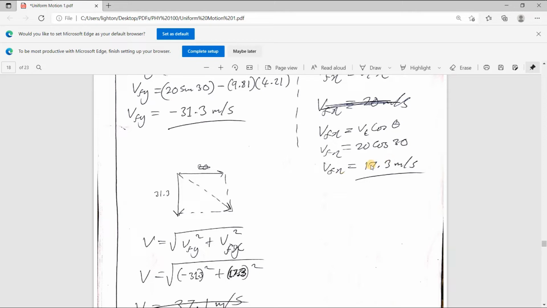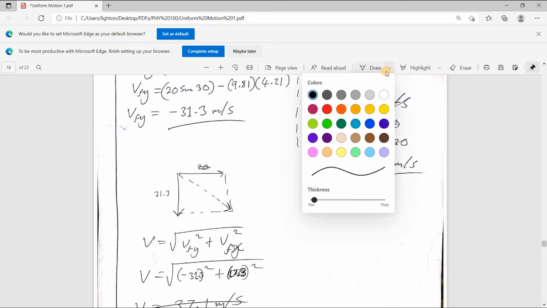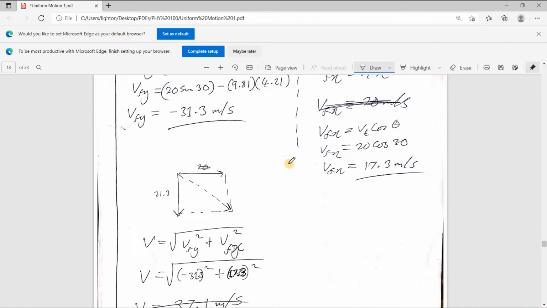And this vector pointing to the right should be 17.3 meters per second. Let me just correct that, otherwise we don't want to be confusing people.